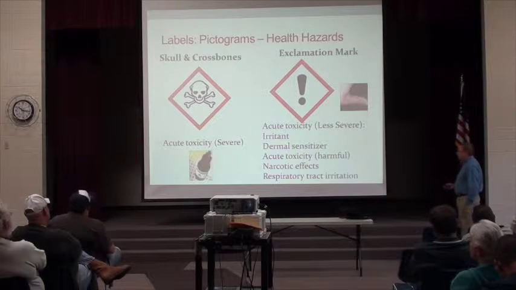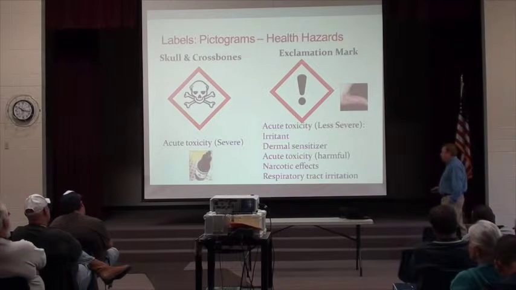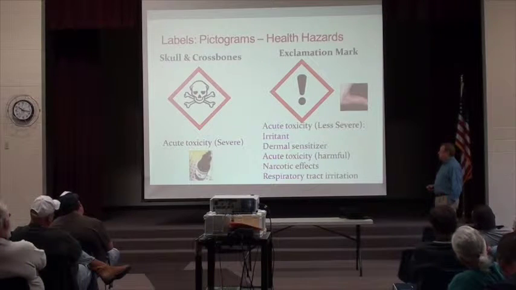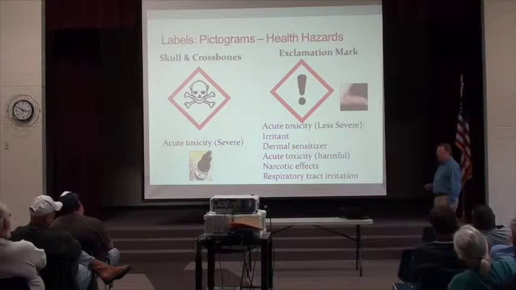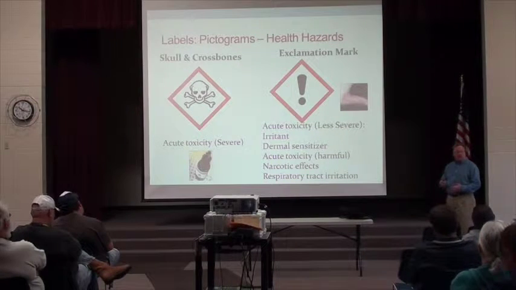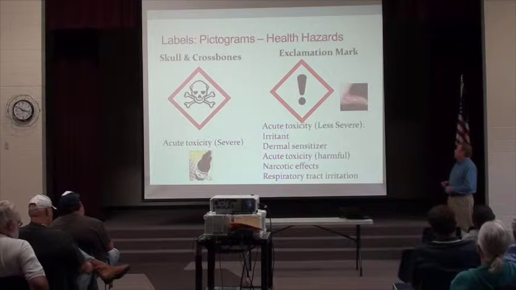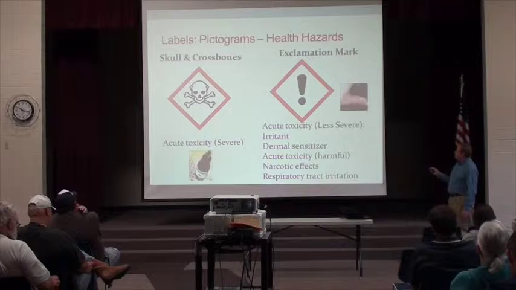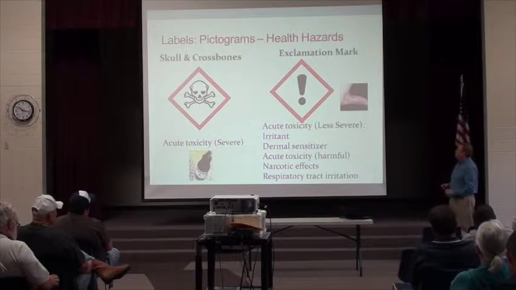Usually these are irritants. They can have respiratory tract irritation. It could be some type of skin rash that could occur from this. But it's not as severe. You can see the picture up here. Yeah, there's the picture of the thumb there. It's turned kind of red.